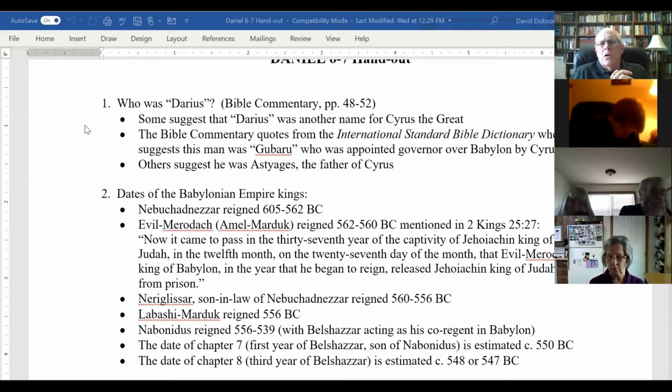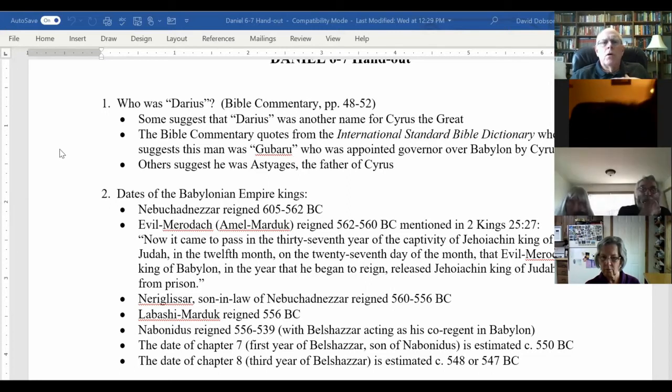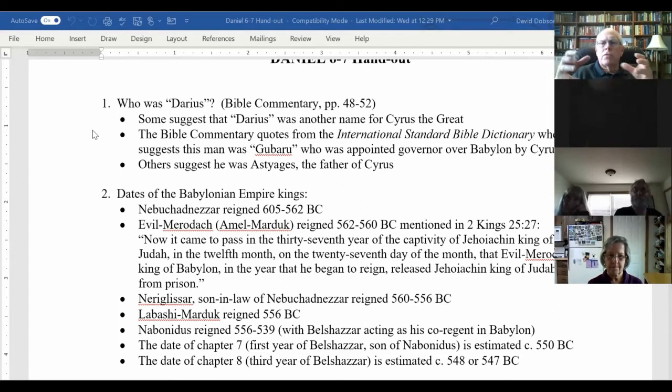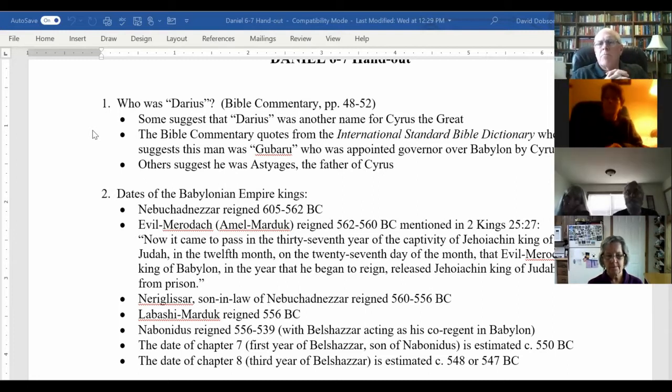But then the second bullet, from the ISBE, there is this governor named Gubaru. I've seen it spelled other ways, but this Gubaru was appointed governor over just that immediate region of Babylon by Cyrus.